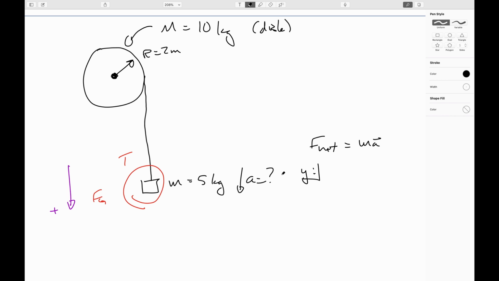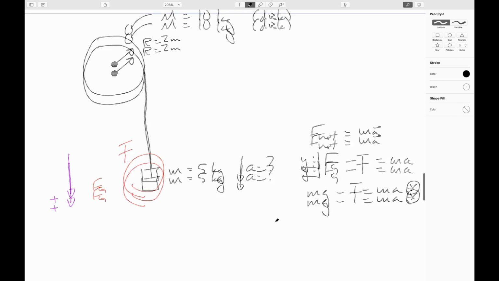So we'll have gravity down, tension up. This will equal MA. So mg minus T equals MA. And that's about as far as we can take that for the moment, so I'll just stick a star next to it. All right. So now let's go and look at the disk.